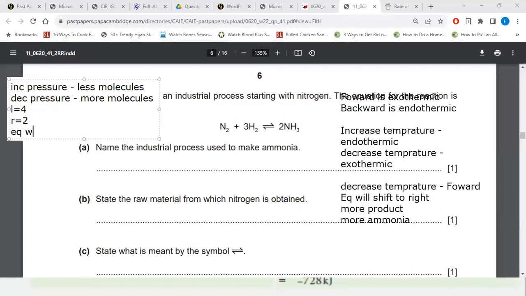And what will happen to the product? It will shift to left. Left is less. Less molecules, so less ammonia produced. Exactly, less ammonia produced. And that's your answer.